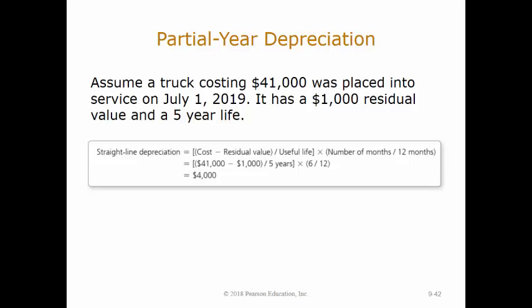Therefore, the truck was in service for 6 months in 2019, from July 1st through December 31st. Because the business used the asset for 6 months of the year, we only record 6/12, 6 out of the 12 months of straight-line depreciation expense, or $4,000 in 2019.